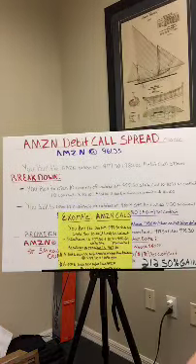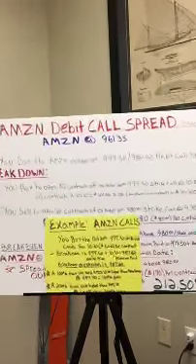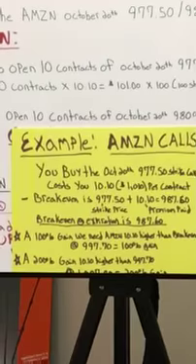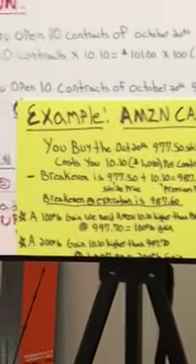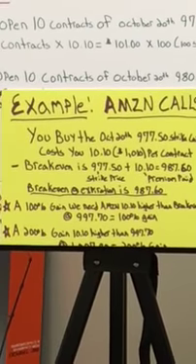So let me see here. All right, so basically we have the same thing here. And I want you to look at this now because this is what we're going to go over for the time being.